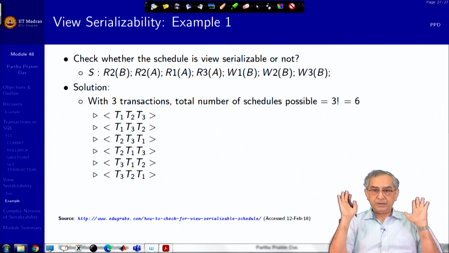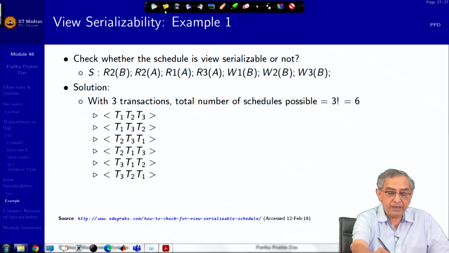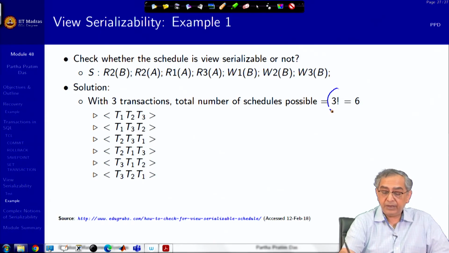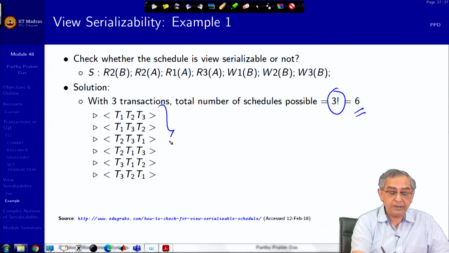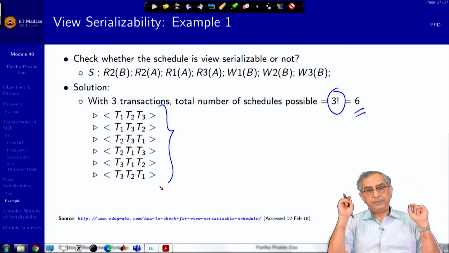There are 3 transactions, so the number of possible serial schedules is the number of ways you can permute these 3 transactions, which is naturally factorial 3, that is 6.